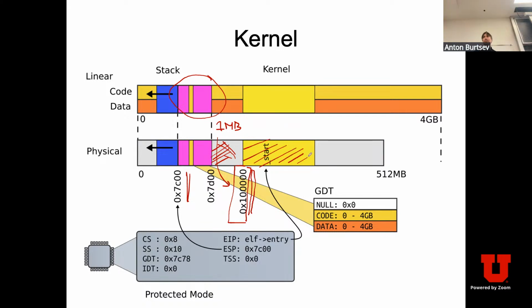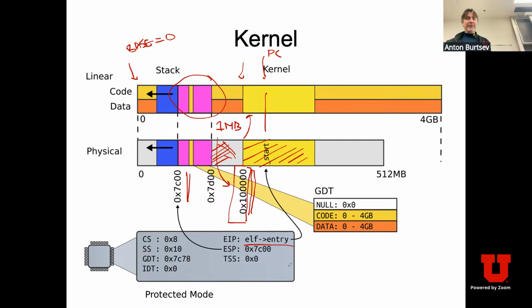That's our kernel. It sits there in physical memory. And since we use 0 as the segment base, this kernel is available at the same address in our logical address space, or linear address space. Make sense? Okay, so nothing really happened yet, and now the program counter sits at the start.